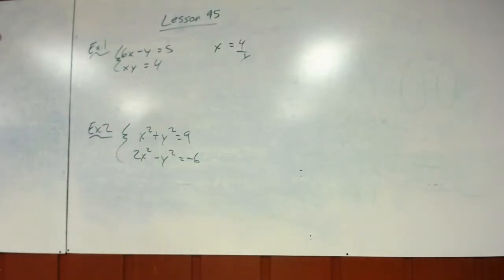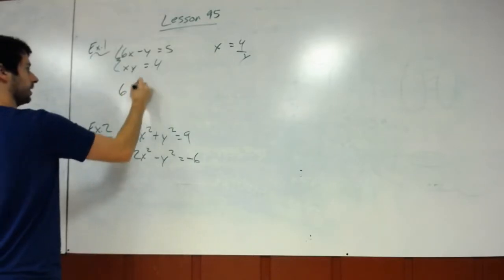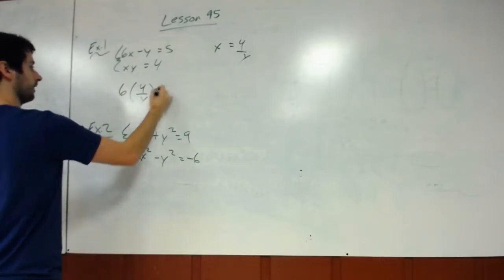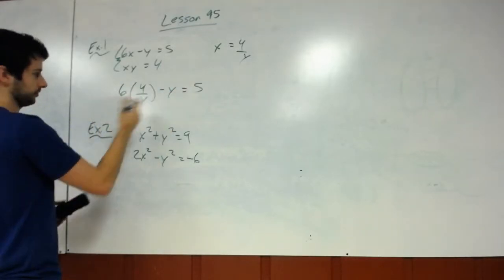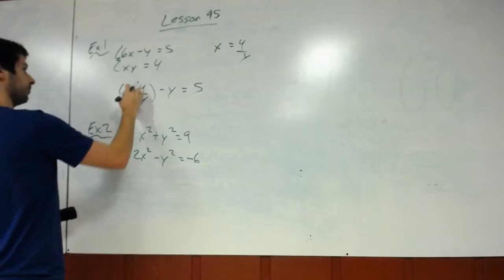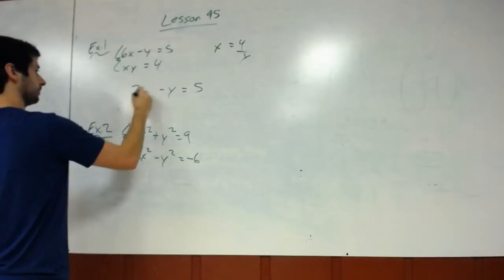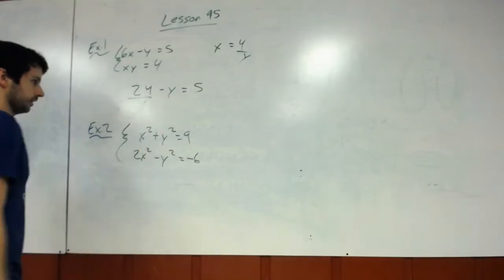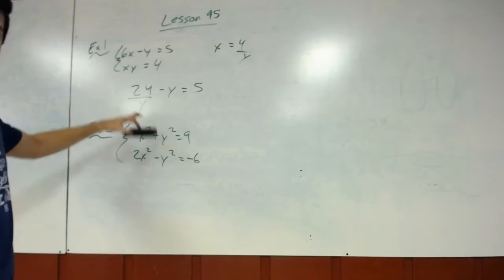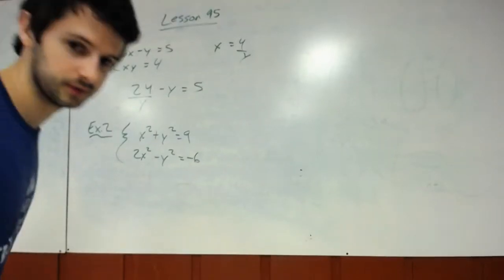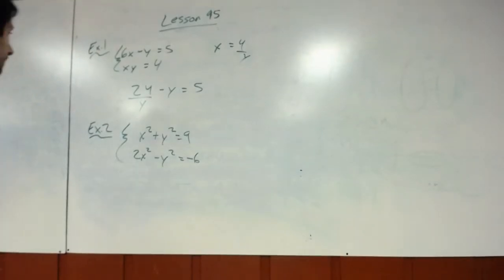And so then I'm going to plug this in for x, so 6 times 4 over y minus y equals 5. Multiply, so that becomes 24 over y. Well, we want to get rid of a denominator in general, so I'm going to multiply by the least common denominator, which would be y.